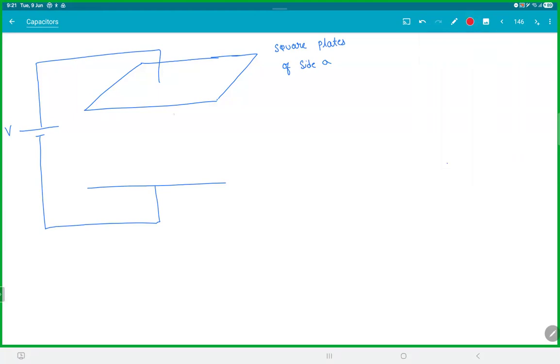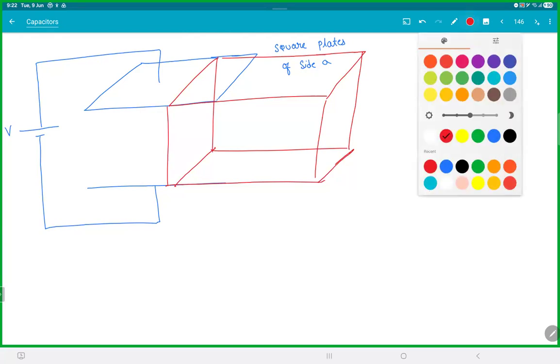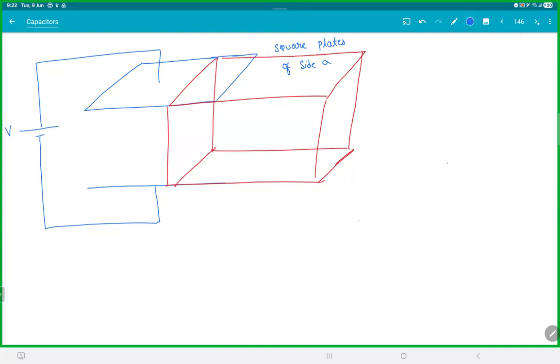And you introduced a slab between the plates, and let's say it has already gone inside by X. So it is something like this. Are you guys able to visualize the 3D structure there? If I just have to show you the side view, it looks like this.